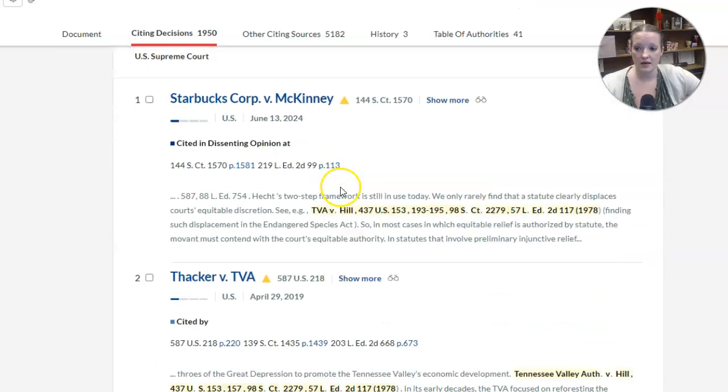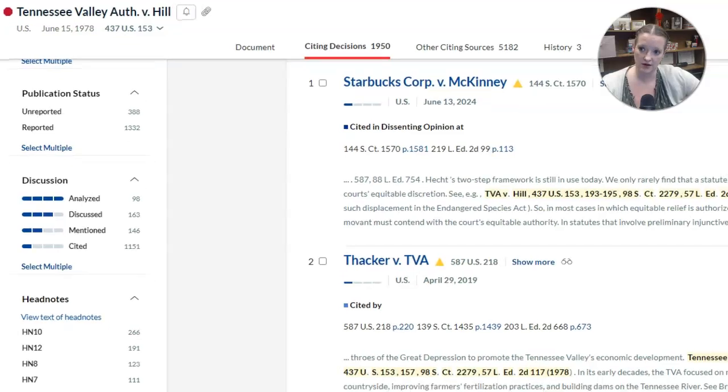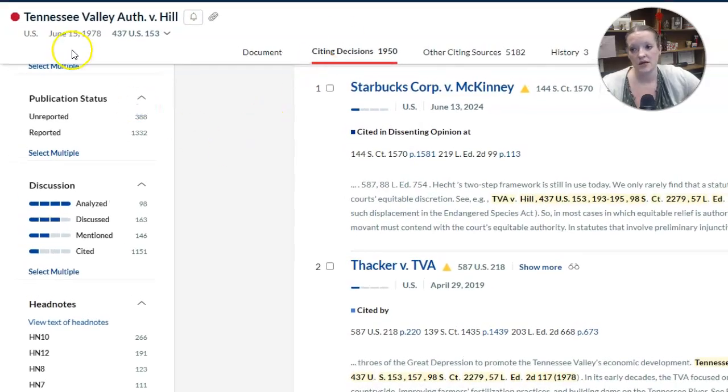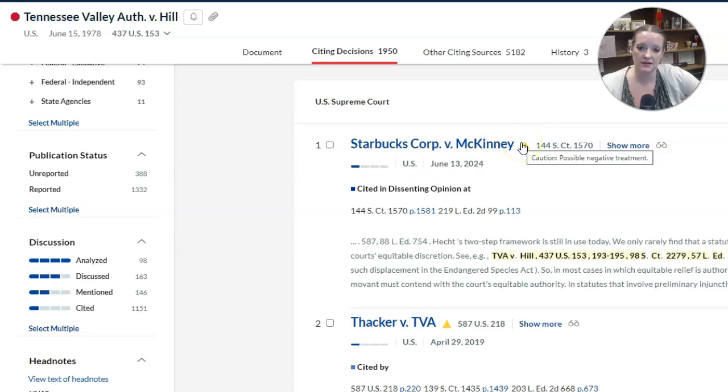Okay. Now, we talked about on Westlaw the indicators to the left of our case. So you can hover over, you see that Tennessee Valley Authority has some negative treatment. And then we saw on Westlaw flags to the left of the cases that were citing our case. On Lexis, it is a little bit different.